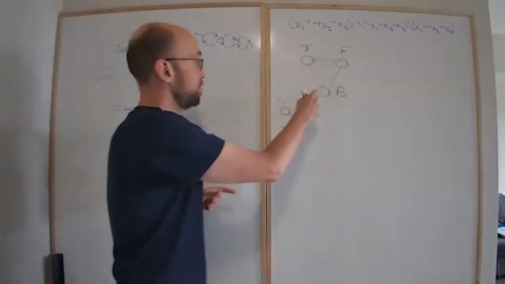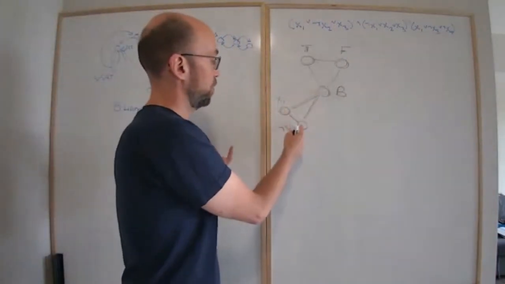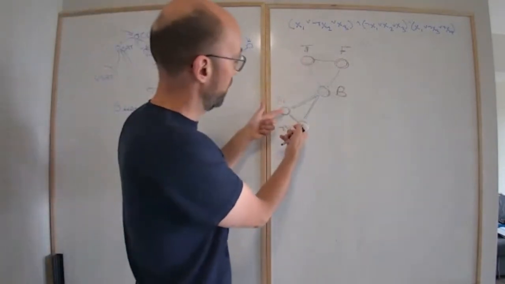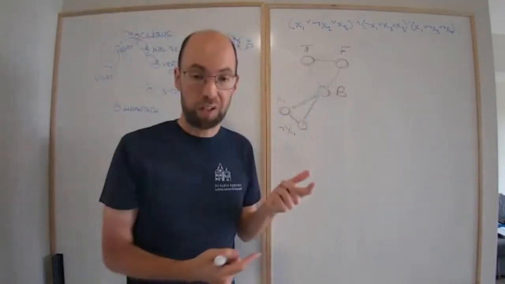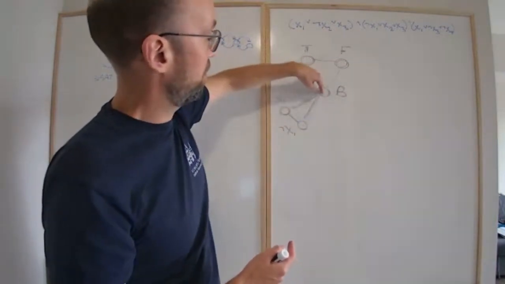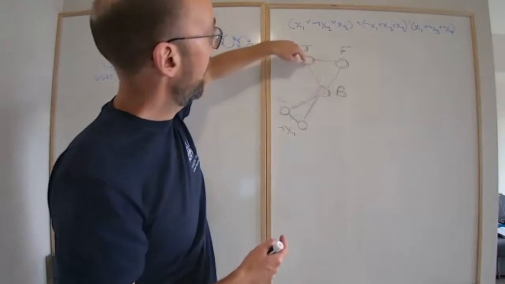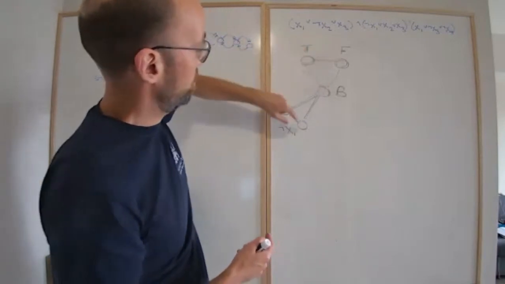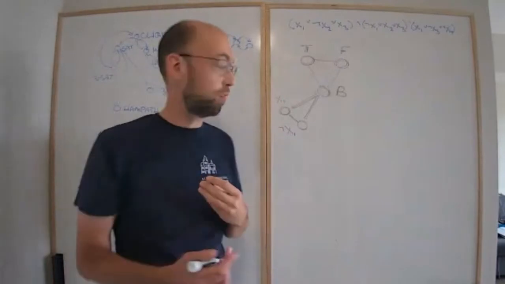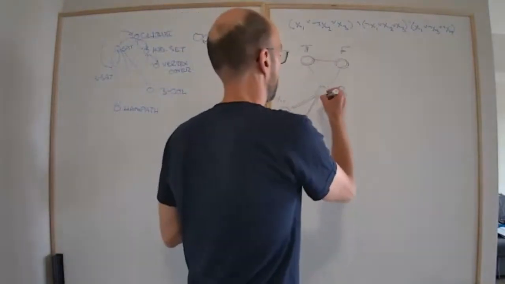I don't know if you color this true and this false, or this false and this true. But I know that you have to color exactly one of them true and one of them false, because you can't color them base. They're connected to base, and they're connected to each other, so they can't both be true and they can't both be false.